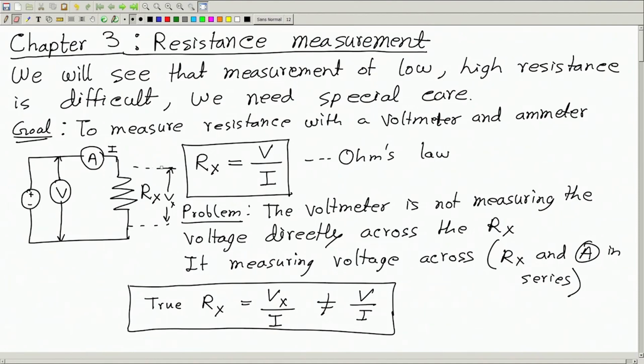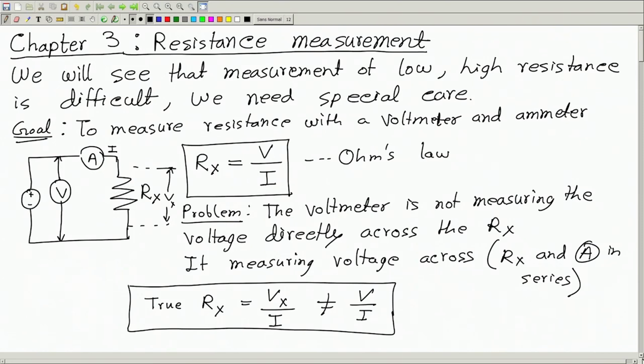The problem is due to the fact that the ammeter is after this voltmeter. So can we instead connect the ammeter here, so that the voltmeter is not affected by the voltage drop across the ammeter?